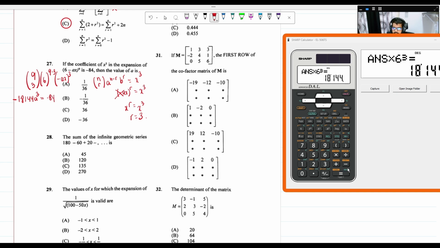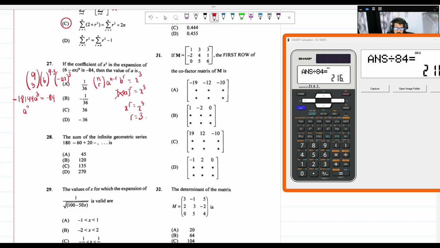Divide both sides by 84. The minus signs cancel. And the cube root of 216 is going to give me 6.